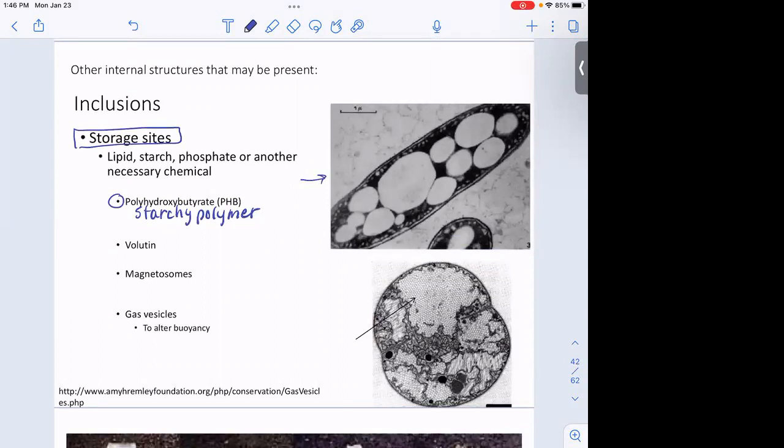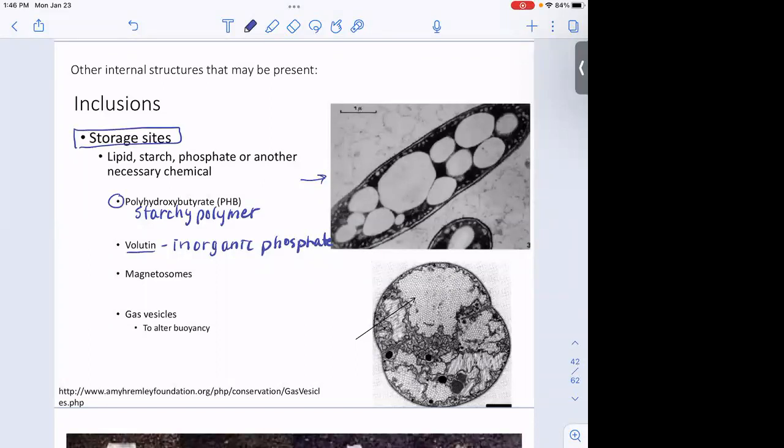Another example of an inclusion is called volutin. Your book says that has another name, metachromatic granules. But these are made of inorganic phosphate. Cells need lots of phosphate for their metabolism.